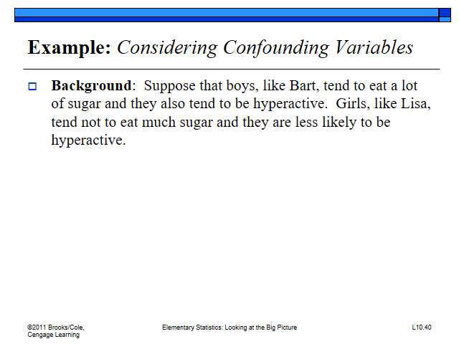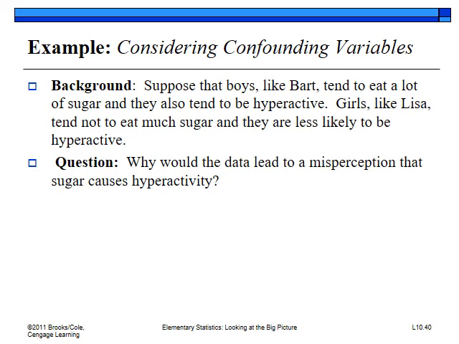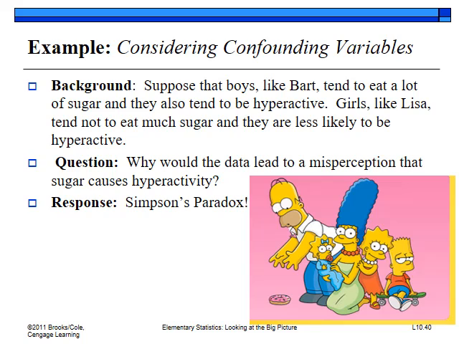For example, suppose that boys tend to eat a lot of sugar and they also tend to be hyperactive. Girls tend not to eat much sugar and are less likely to be hyperactive. Why would the data here lead to a misperception that sugar causes hyperactivity? Well, this is an example of Simpson's paradox. See what we did there?